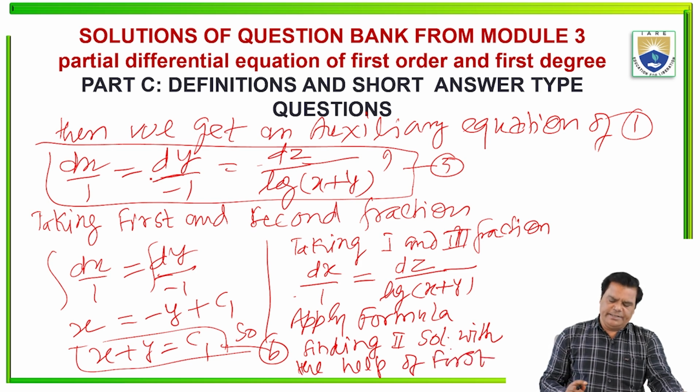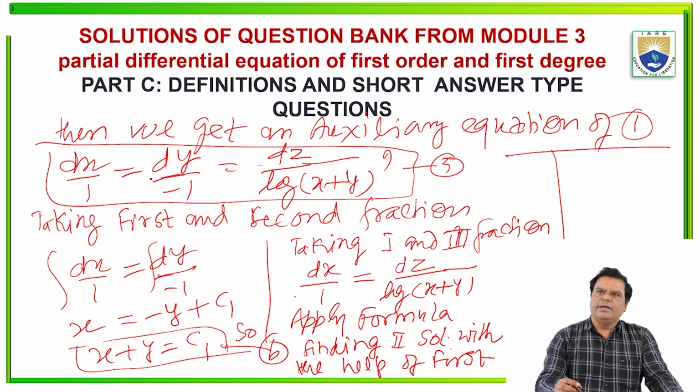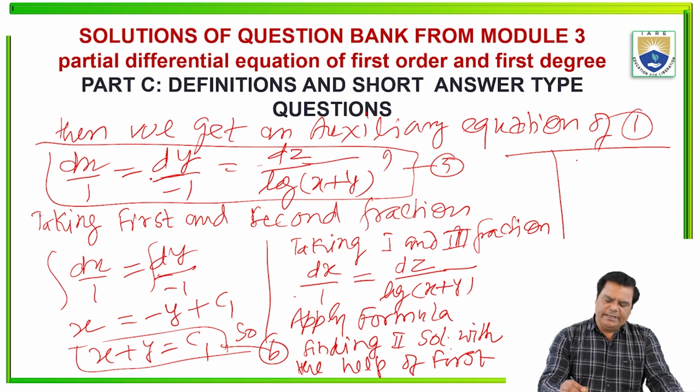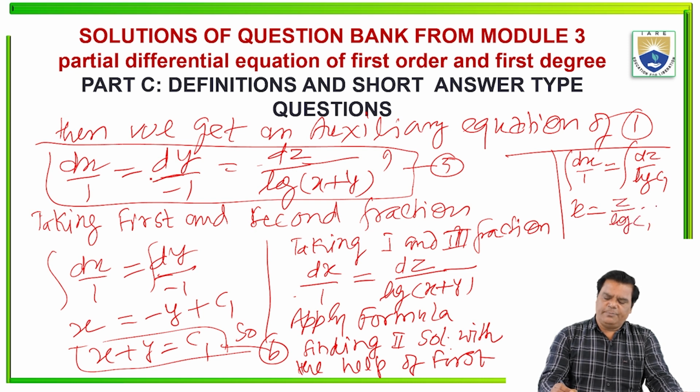So now integrating this, here dx upon 1 equal to dz upon log c1. This is c1 and integrating on both sides, here x equal to z upon log c1 plus c2.